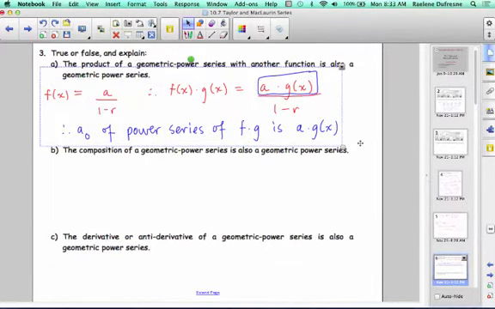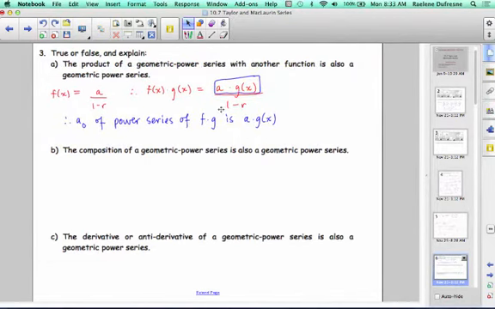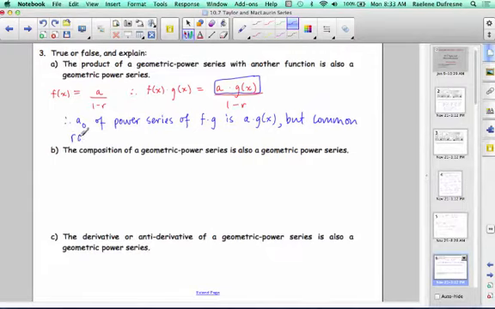And since the common ratio hasn't changed, we have that f times g is a geometric power series. So this is true.